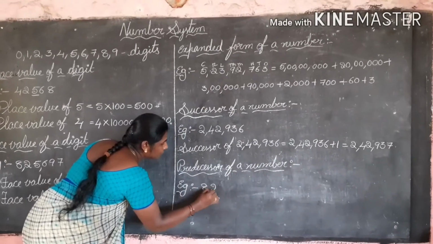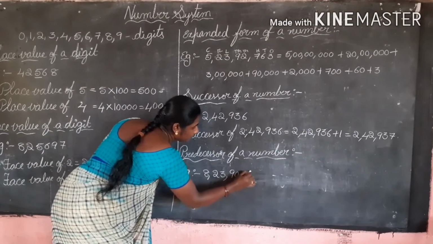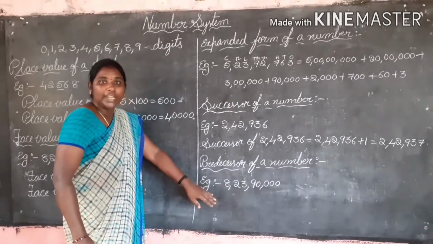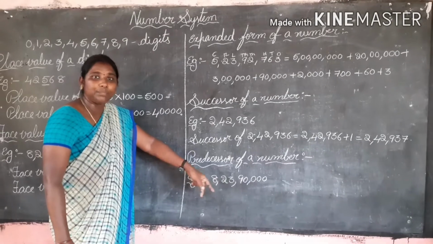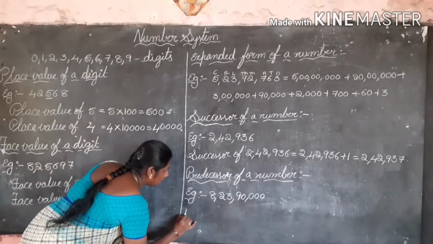8 crore 23 lakh 90,000. For this number, we have to write the predecessor. Predecessor means we have to subtract 1, the number before. What is the number before this?